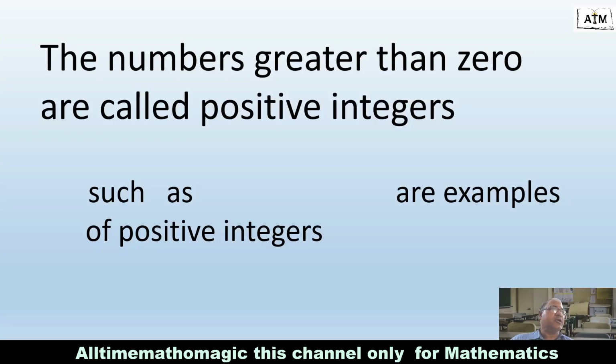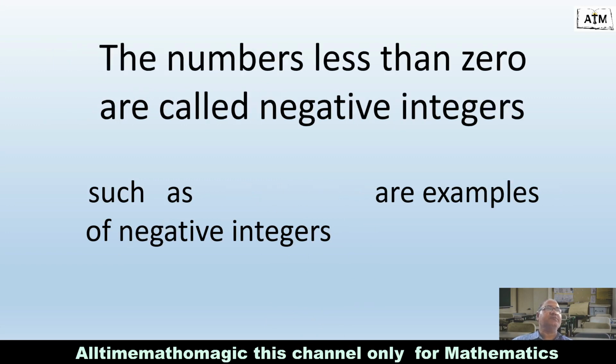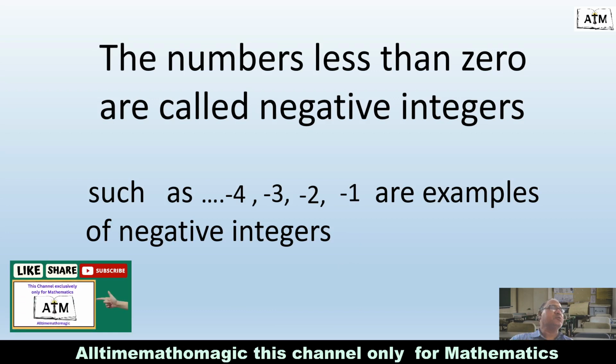The numbers greater than 0 are called positive integers, such as +5, +3, +22, +1. The numbers less than 0 are called negative integers, such as -4, -3, -2, -1.